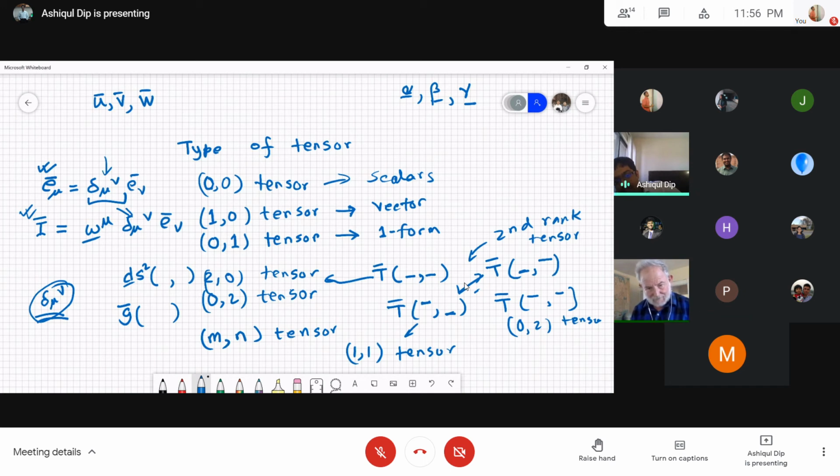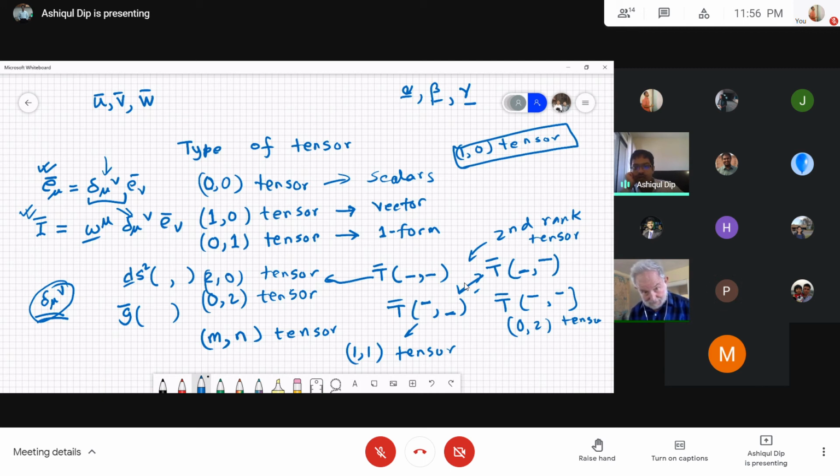The distinction is much more than that. A 1-0 tensor cannot be any other type. There is only one kind of tensor that is a 1-0 tensor. It's just a vector.